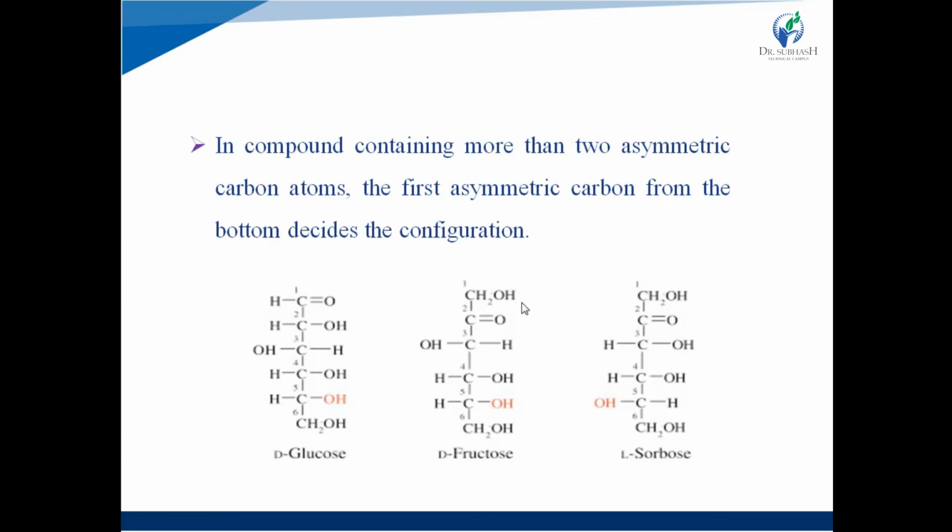In D-glucose, the lowest chiral carbon has the OH group on the right side, that is why it is D-glucose. The first carbon, CH2OH, is not chiral; from the bottom, the second carbon is chiral and has the OH group on the right side. Same in fructose: the lowest carbon has the OH group on the right side, that's why it is D-fructose, and in sorbose it is on the left side, that's why it is L-sorbose.